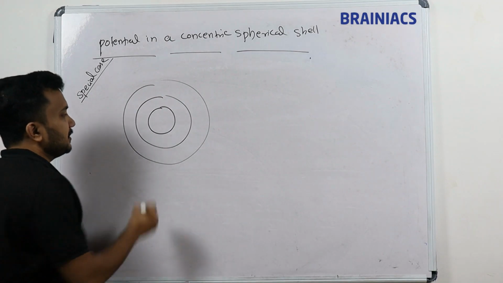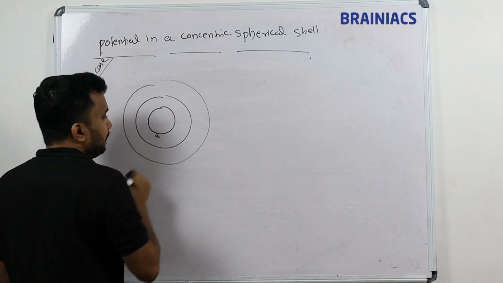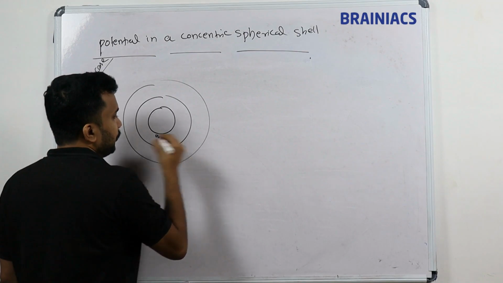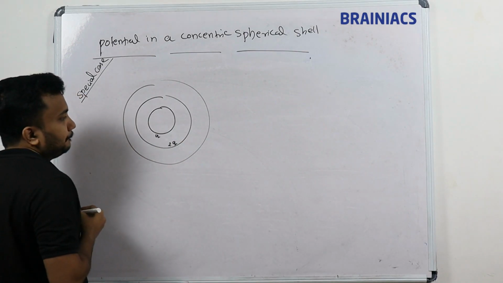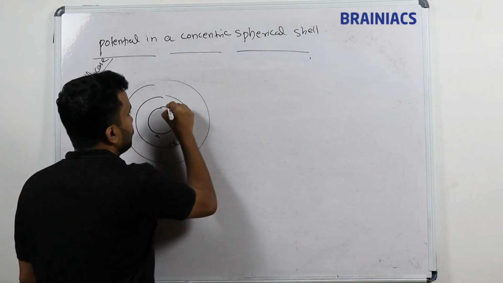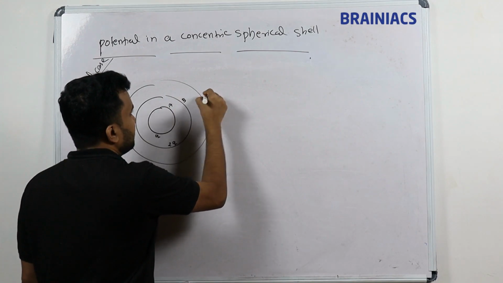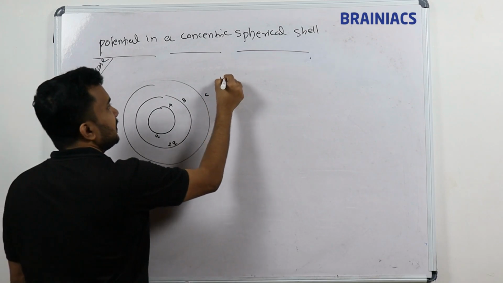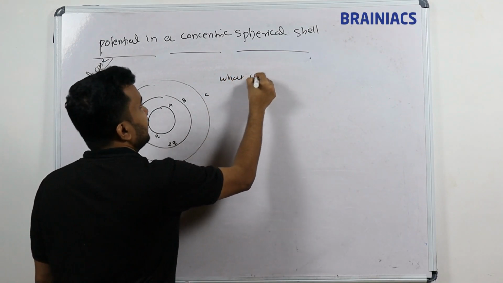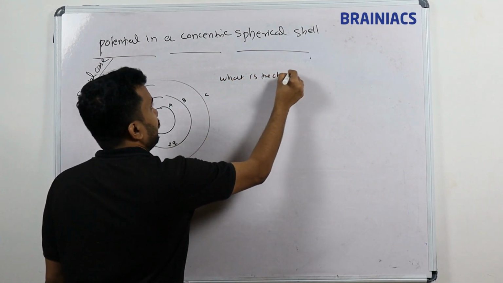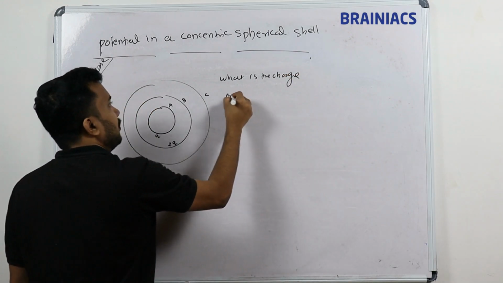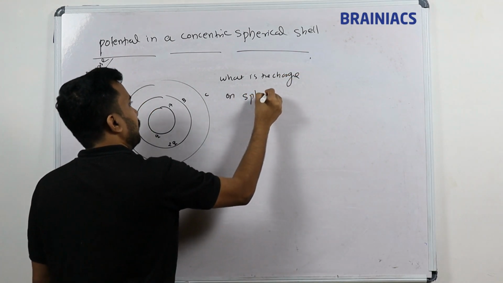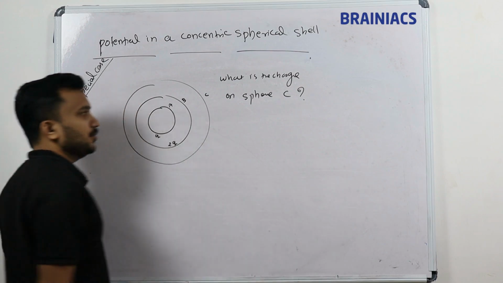So special cases: here we have a charge q and here we have a charge 2q, and this is sphere A, this is sphere B, and this is sphere C. Then the question is asking, what is the charge on sphere C?